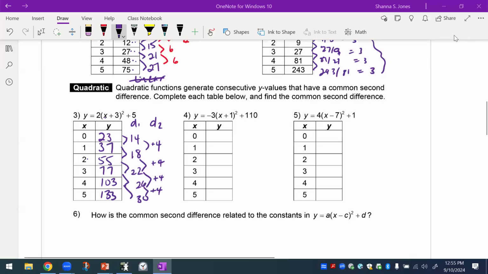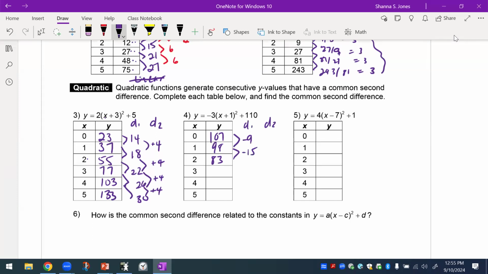So up here, on your number 4, your first 3 should have been 107, 98, and 83. So from here to here, 98 minus 107 was -9. From here to here, 83 minus 98 was -15.